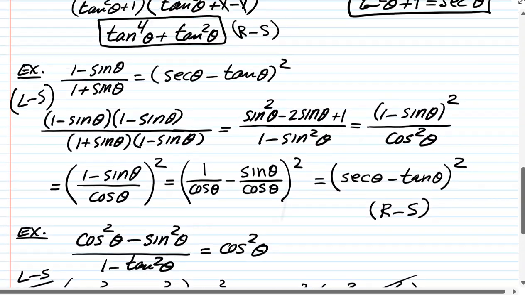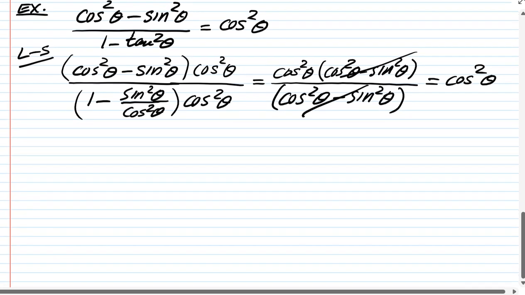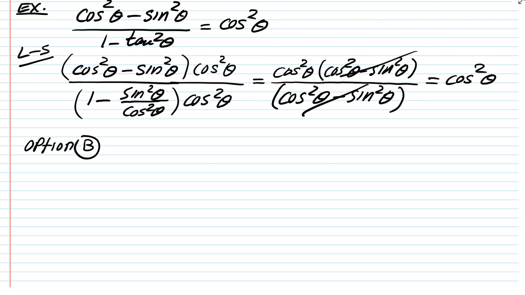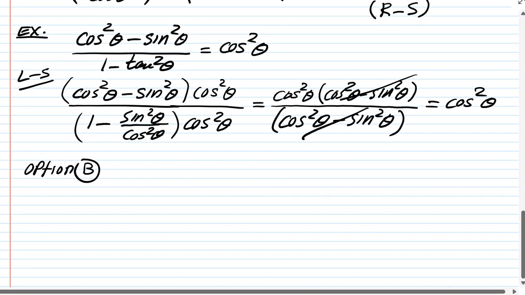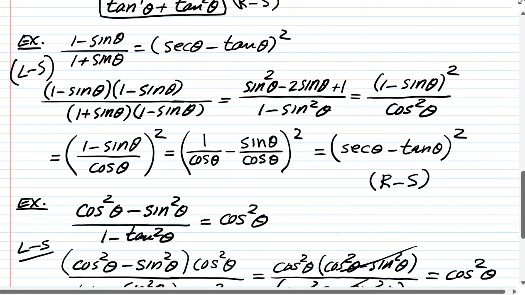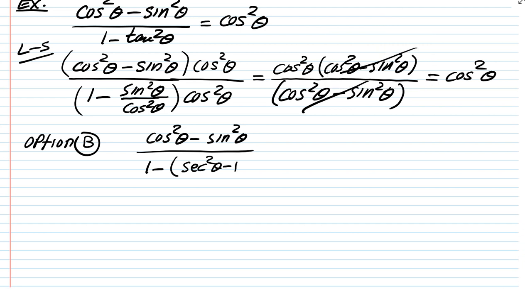The other way, I just thought about, tan squared plus 1 is secant squared. So let me try this way. Here is option B, if the top one was option A. So I'm going to go cosine squared. Not sure where this is going to go, so bear with me. 1 minus, now tan squared, again, tan squared is secant squared minus 1, right? Minus secant squared minus 1.